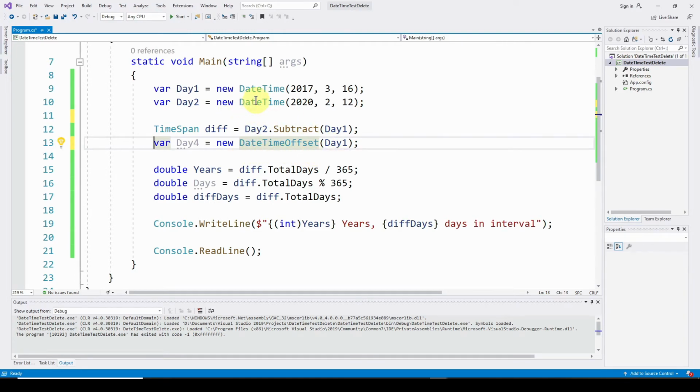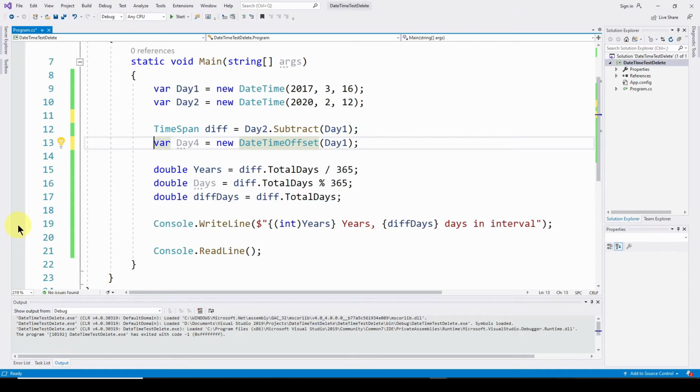I'm taking a date time, in this case day 1, which is March 16, 2017, and putting it into this DateTimeOffset, and it will tell us a bunch of stuff about that date time object, including the difference between the time and the UTC time, so the time based on location and time zones. It knows all about time zones, and it's got a lot of internal knowledge about times, so that it can help you figure out clock times.